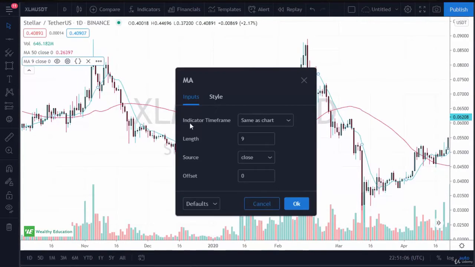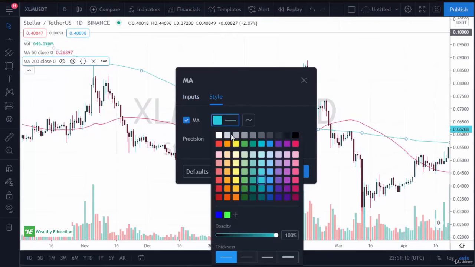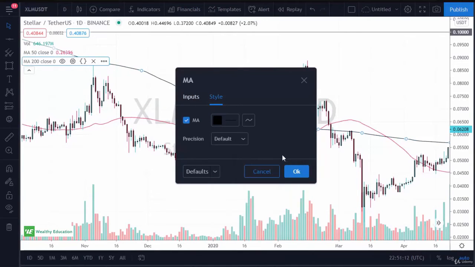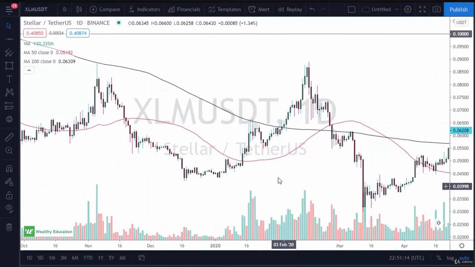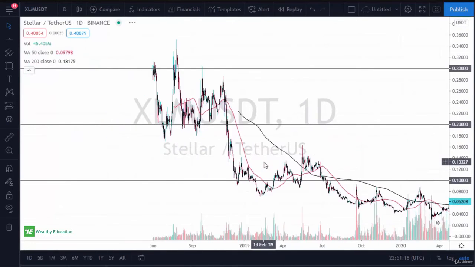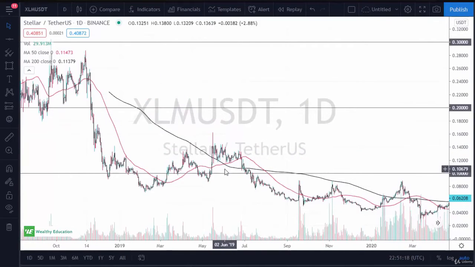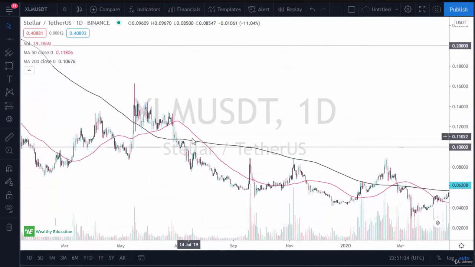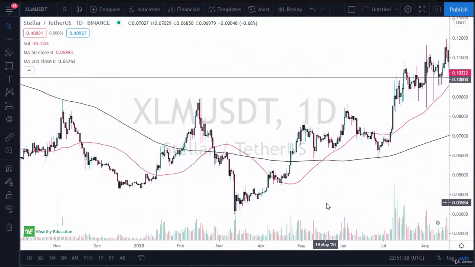I don't know that we have enough history on this chart, quite frankly, to make this as useful, the 200-day. You could see that there was a golden cross and then a death cross. So it was kind of whippy, but the death cross certainly worked out.